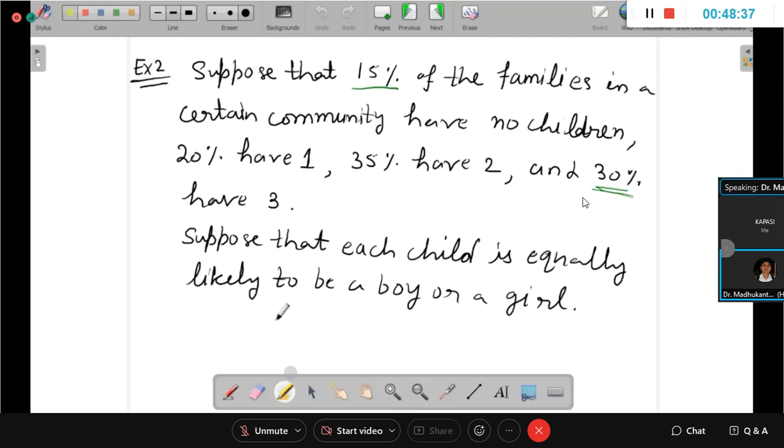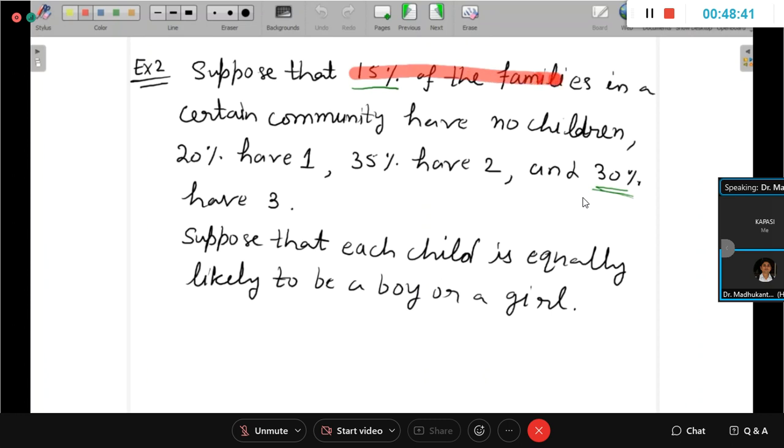Suppose that 15% of the families in a certain community have no children, 20% have 1 child, 35% have 2 children, and 30% have 3 children.